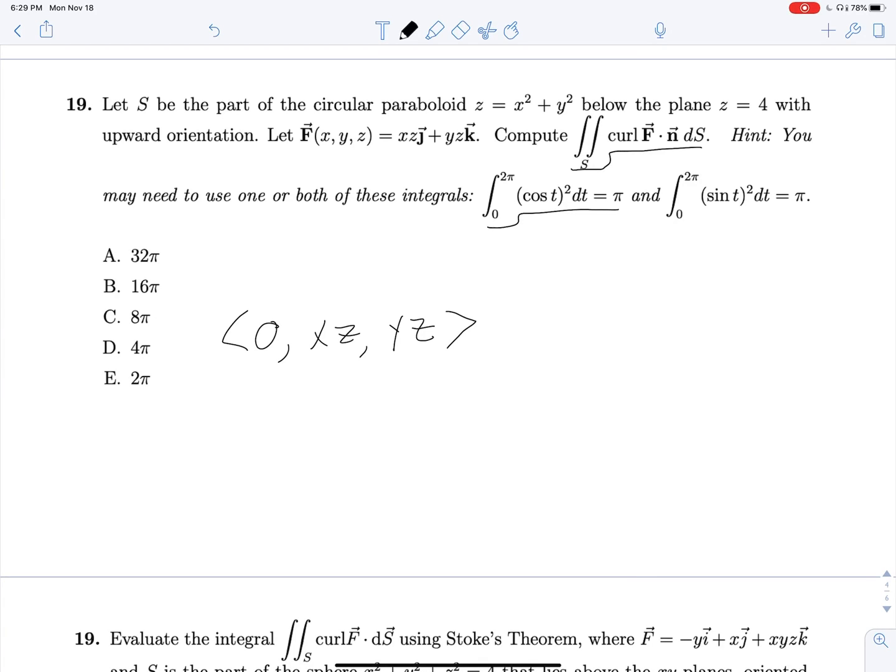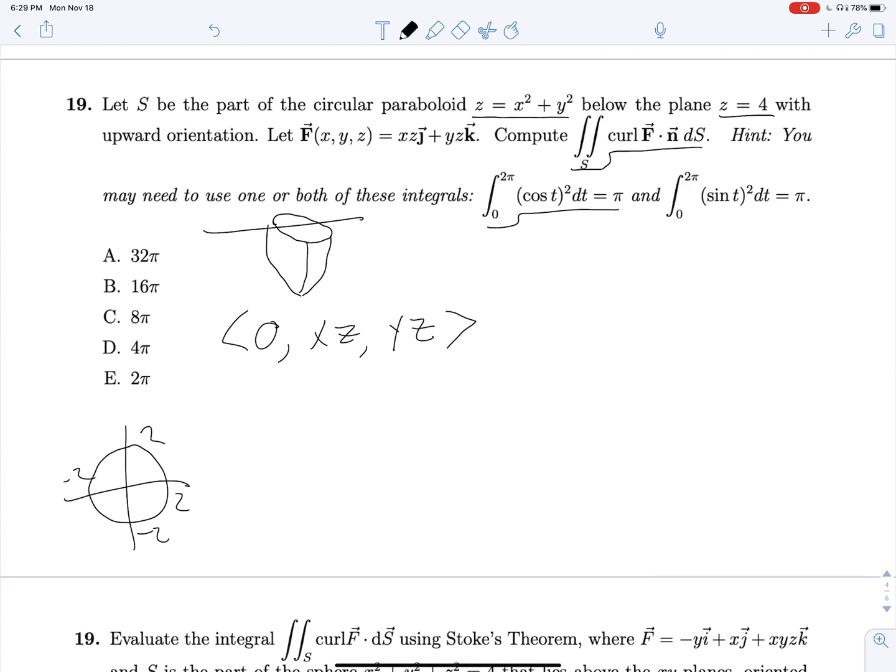So let's parametrize something. Let's see, we're looking at this paraboloid below the plane z equals 4. Okay, and that's going to be the upward opening paraboloid, kind of going up like that, and it's cut by z equals 4, and when it's cut, it will be a circle of radius 2, so 2, 2, -2, -2.